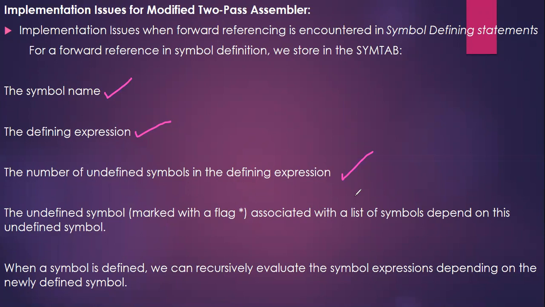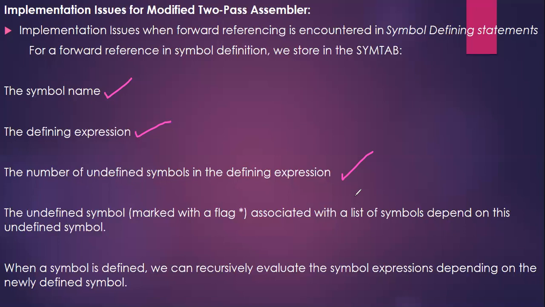Then while managing the value of A inside the symbol table, we need to provide 2 unknown references over here. What are they? B and C. Next time we will have an example, then you can understand it. When a symbol is defined, we can recursively evaluate the symbol expressions depending on the newly defined symbol.